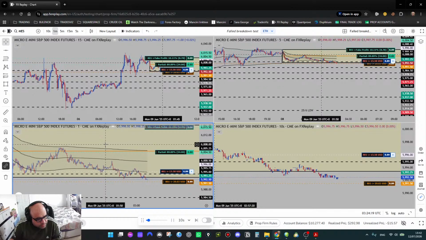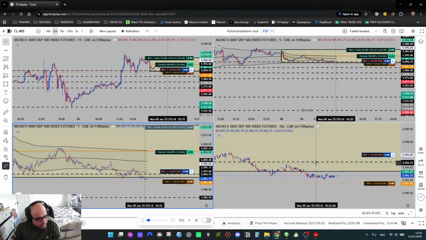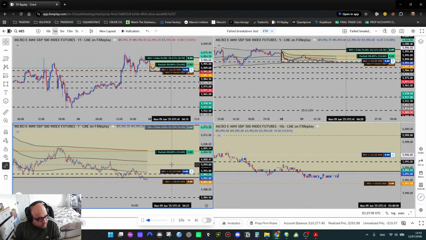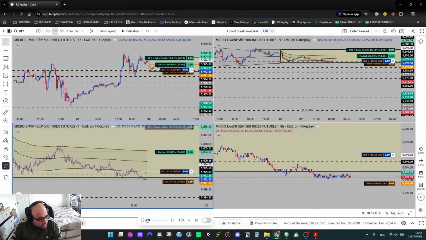Let's see. That's a low probability trade because it's overnight and it's summer overnight, so don't expect many things. But why not? So let's go a little bit faster.